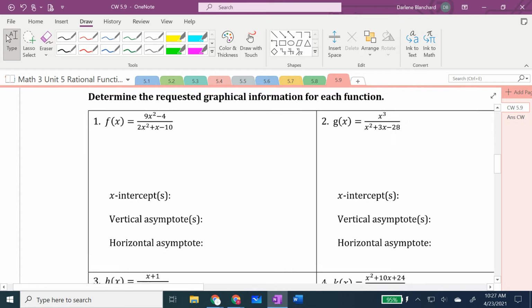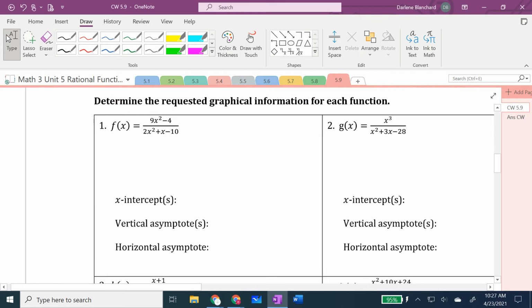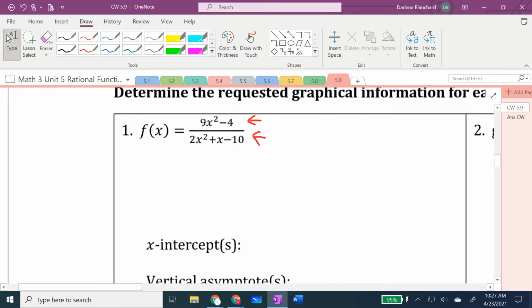Number 1. I am actually going to start with horizontal asymptote. Look at your numerator polynomial and your denominator polynomial. The degree of the numerator polynomial is the largest exponent, and that's a 2. It's a degree 2. The denominator, the largest exponent, is a 2.